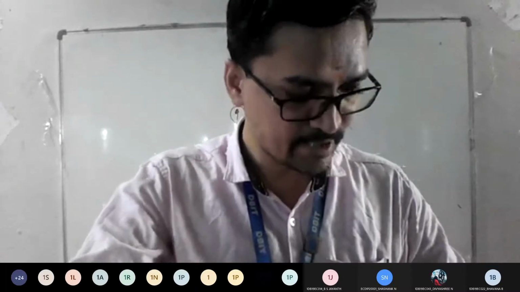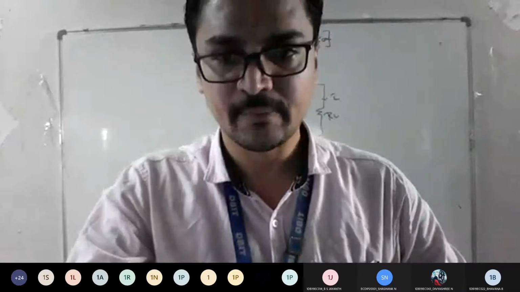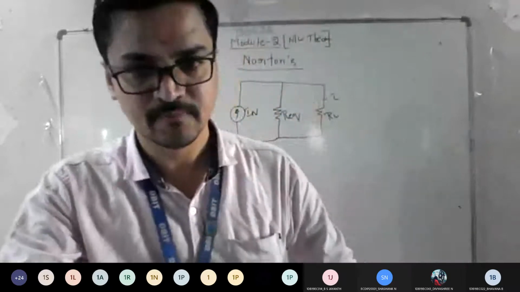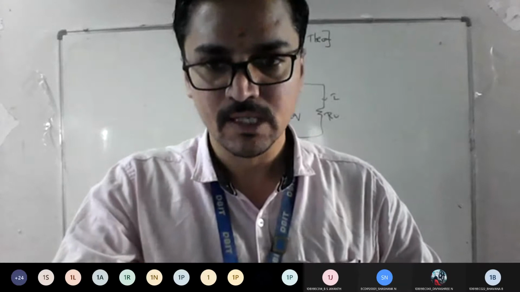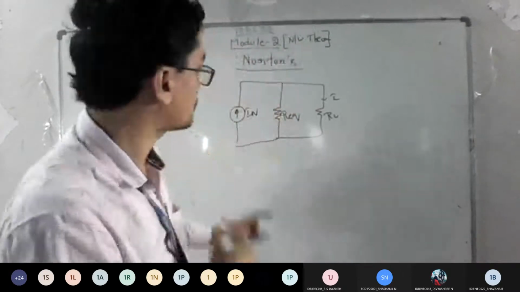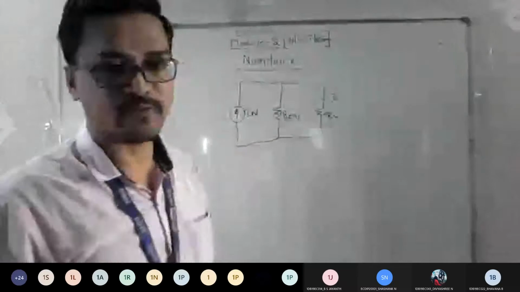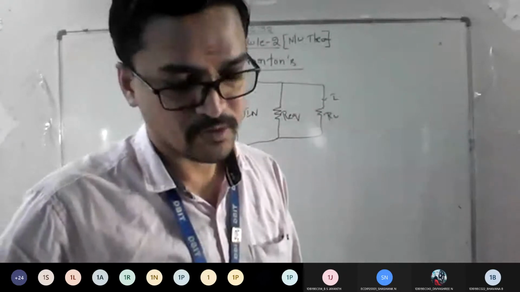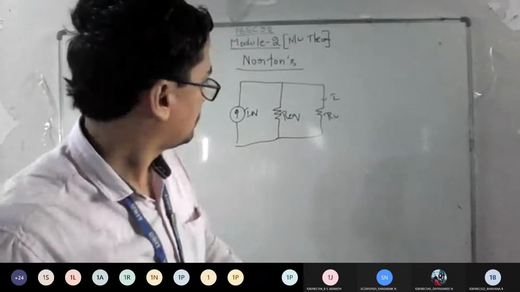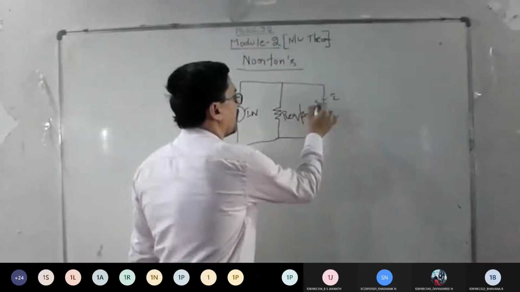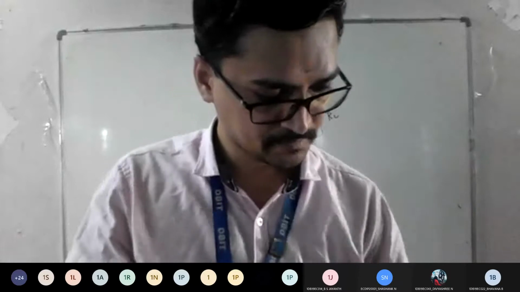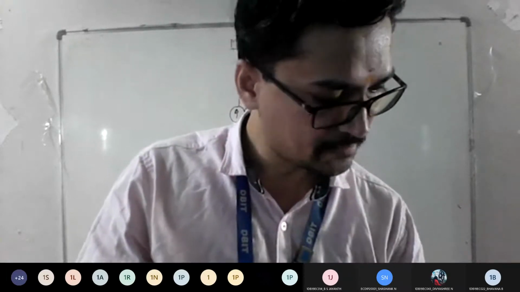Replace it by a simple two-terminal network consisting of a single current source called IN, Norton current, with an impedance, R equivalent or Z equivalent, parallel to it.